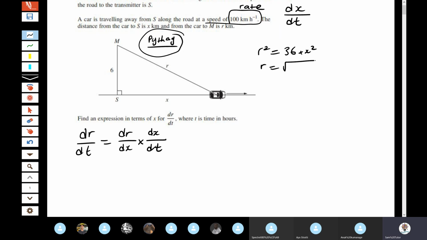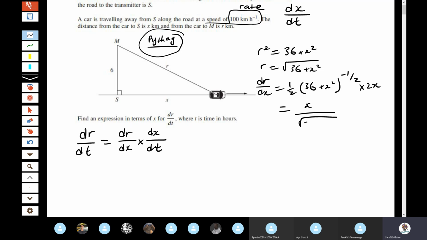r equals square root of 36 plus x squared. You don't need plus minus because r must be positive, it's a distance. dr on dx equals half, bracket 36 plus x squared, to the power of negative half, times the derivative of the inside. You are left with x on the top, the half and 2 cancel out, and the negative half goes in the bottom as square root of 36 plus x squared.